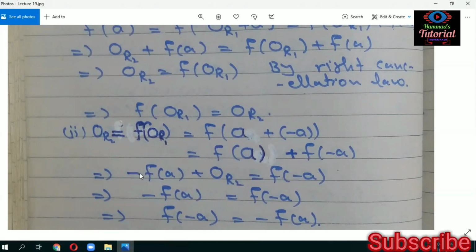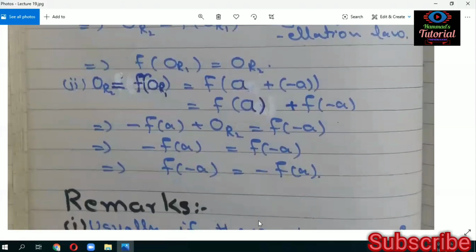So what we get is minus F of A plus 0 R2 is equal to F of minus A. Now F of A is an element of R2 and 0 R2 is the additive identity in R2. So minus F of A plus 0 R2 will be equal to minus F of A. And what we get is, F of minus A is equal to minus F of A, and that's what we had to prove.